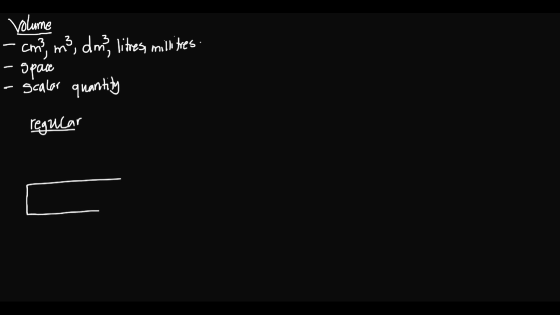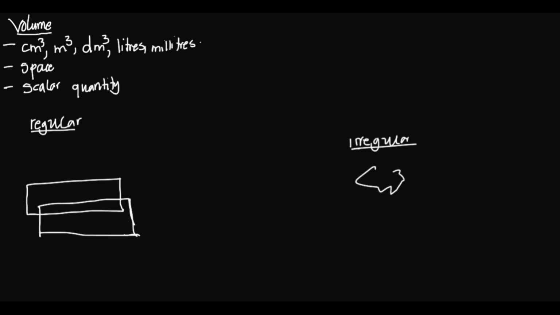If the shape is regular like this one, you can use the mathematical formula. But if you are dealing with an irregular object such as a stone, we can see that the shape is irregular since we cannot tell which one is length, breadth, or width.